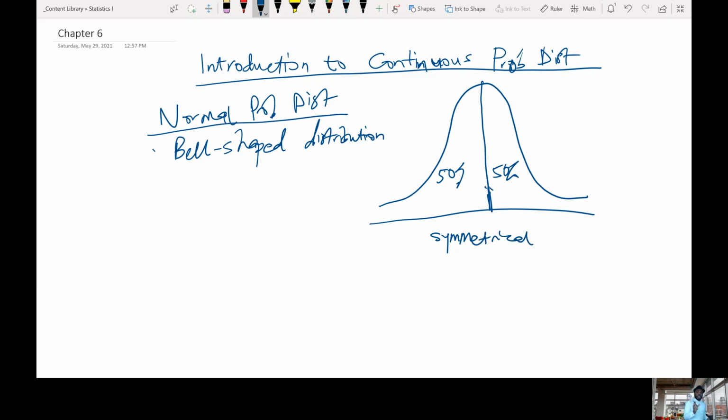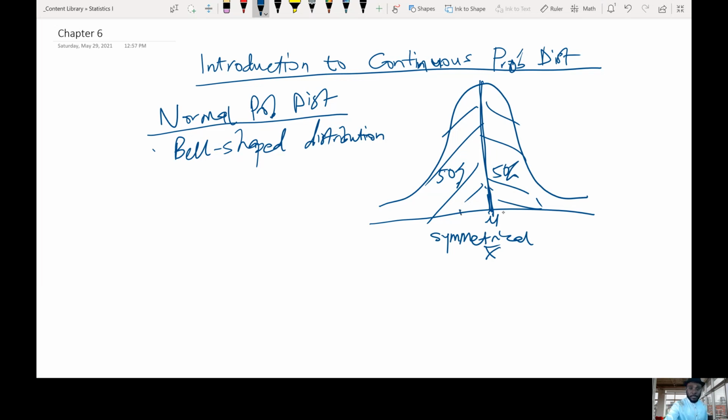So this means that these two areas under the curve, this area and this area under the curve, is between the mean. So this center point is the mean, and let's say mu, so population mean, or x bar, which is a sample mean. So it's between the mean and any 2 points. And any 2 points here is equal.